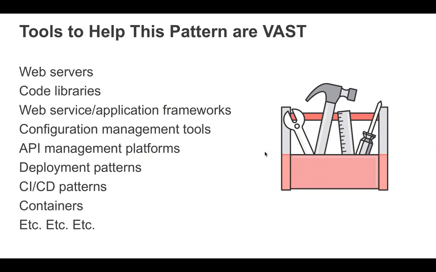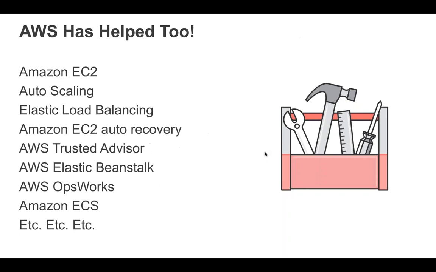Over time, especially with service-oriented architecture, we've seen a number of tools come to help customers, such as web servers, code libraries, continuous integration, continuous deployment patterns, containers, API management, configuration management tools, etc. A large number of tools are available to you to help with this evolution or move to service-oriented architecture.